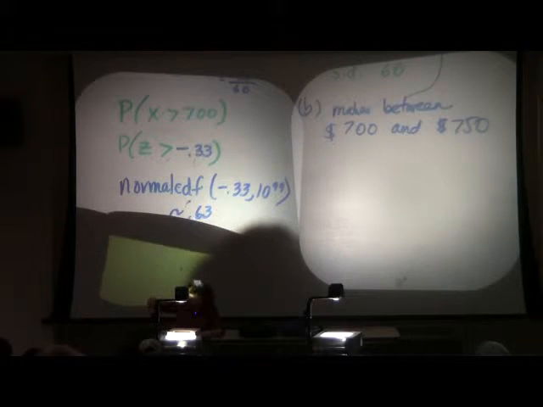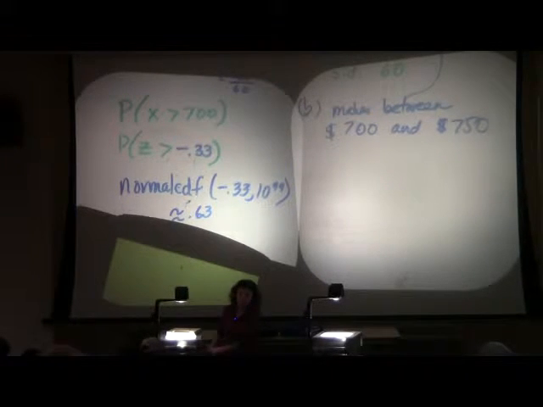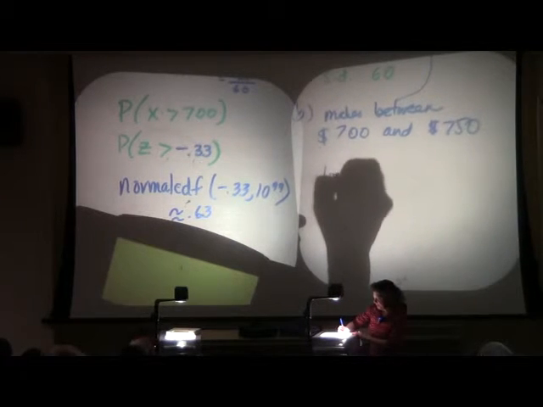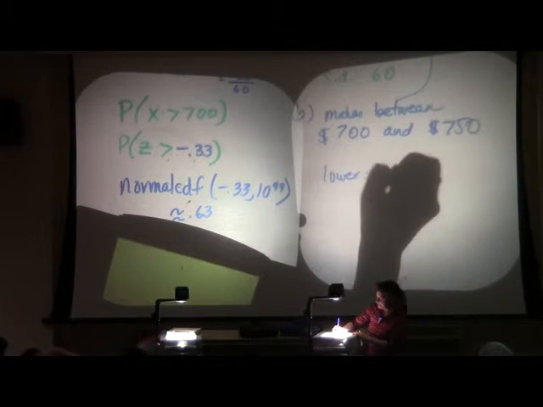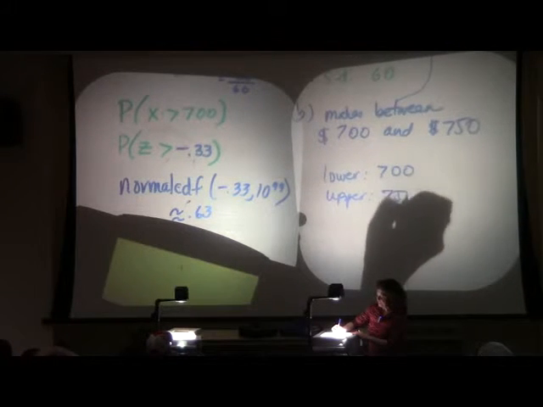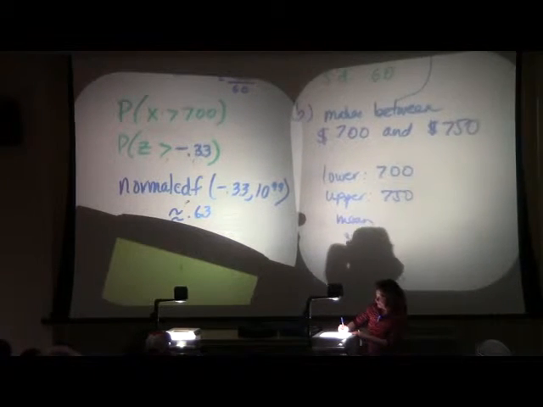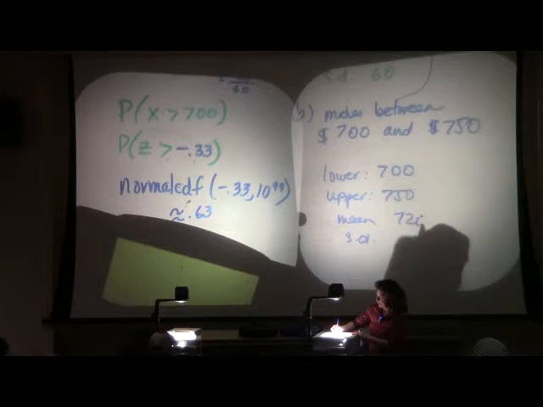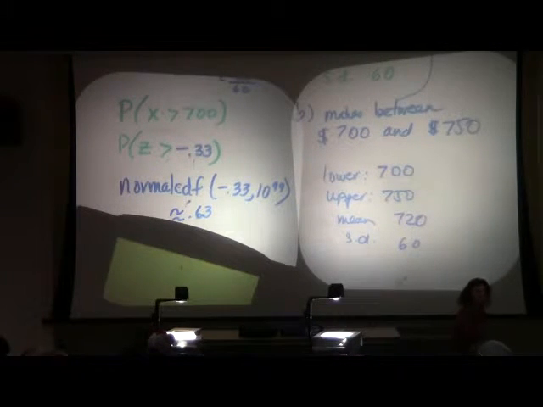Nothing's changing but our x values. All right? So, those of you guys with the nice little calculators, you agree your lower is 700, your upper is 750, and you still have the same mean and standard deviation?